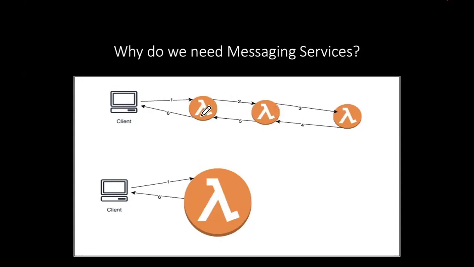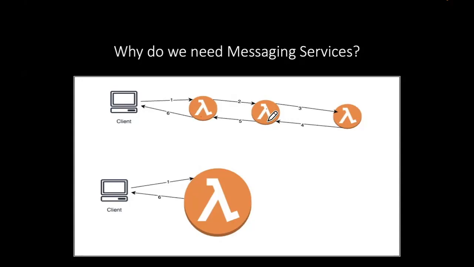And if this is waiting, then that means our client is also waiting for the response back from this Lambda. But that response doesn't happen until this starts executing, and this starts executing. It's only when this Lambda completes its execution and sends a response back to this Lambda, which it may need to do some processing of.